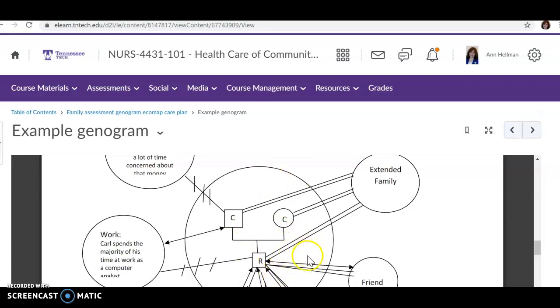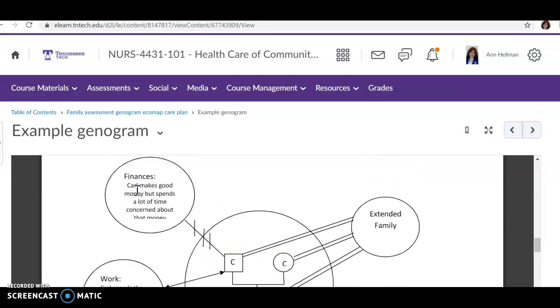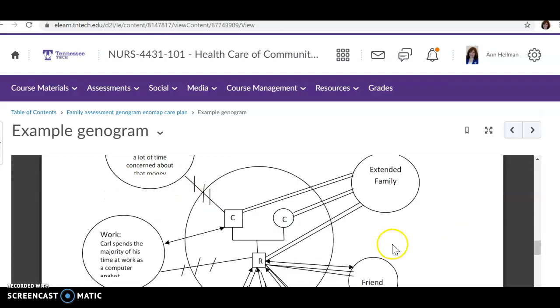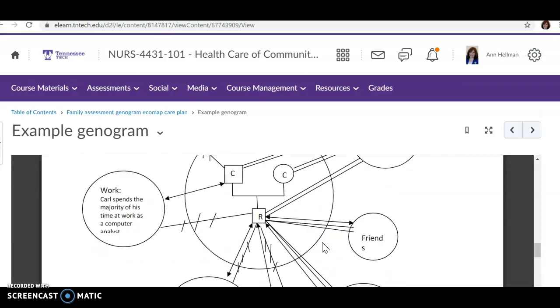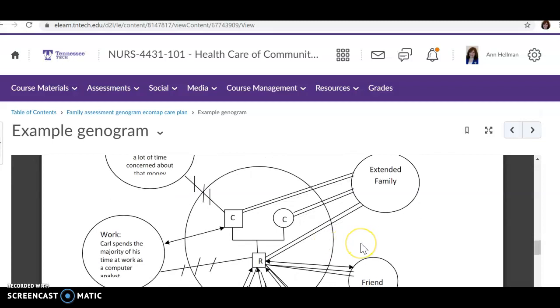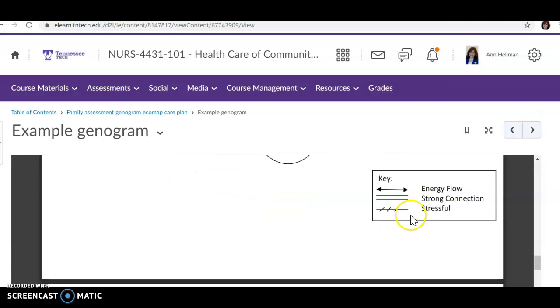So you've got the center circle with the patient, ideally, in the center circle. And then outside of that center circle, you've got the things that are going on in that patient's life, such as finances, extended family, friends, work, school, church. And you're going to put in here where the patient gets their strengths and support systems. And here is a key.